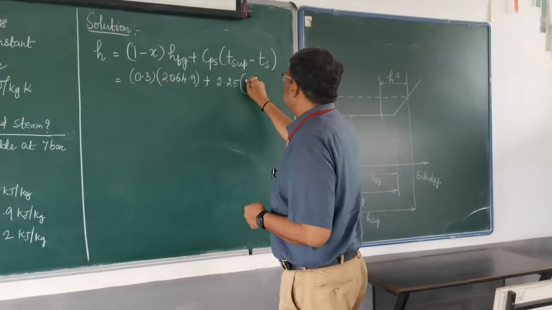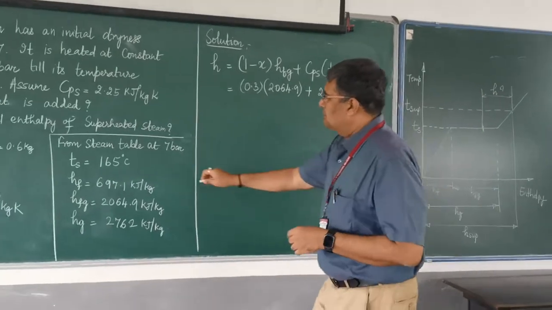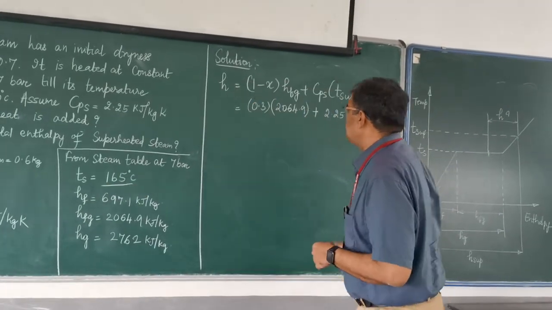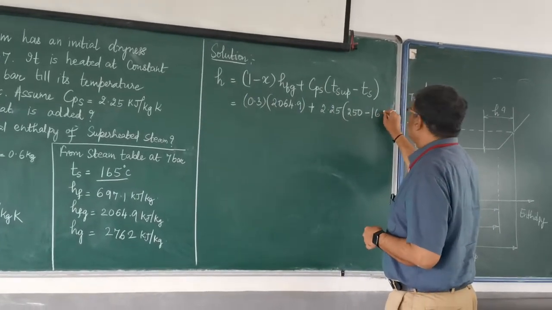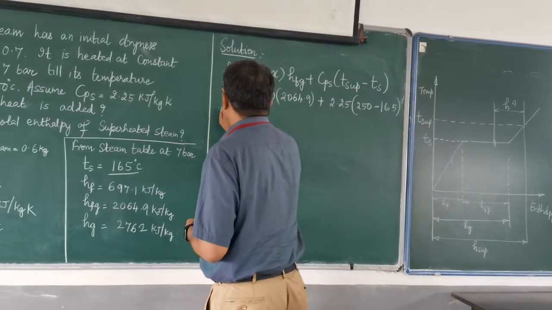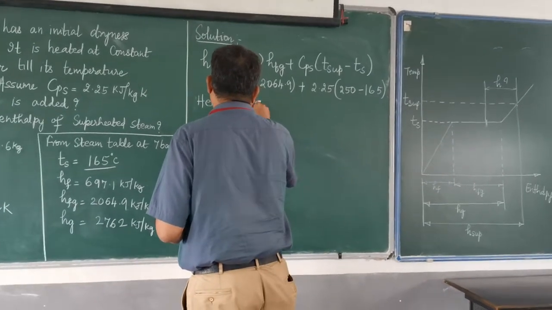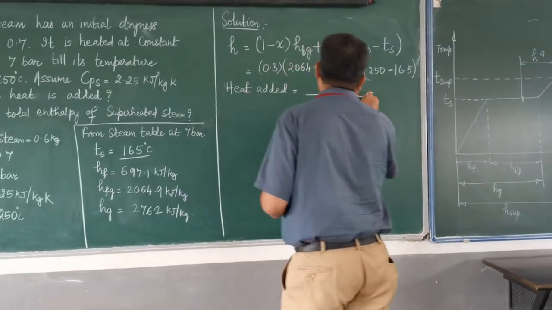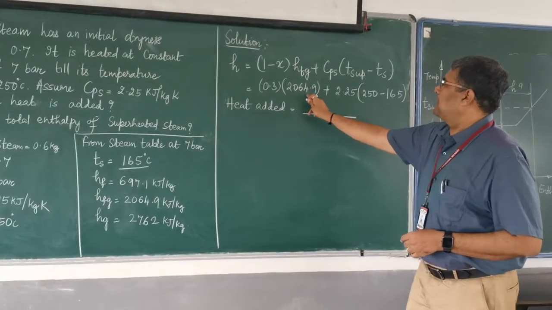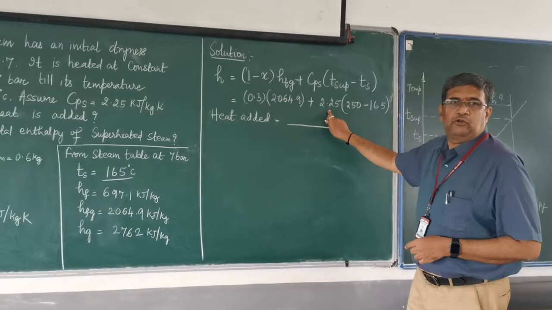So the superheated temperature is given as 250 minus the saturation temperature, we have found it from the steam table at 7 bar as 165. So for heat added, you multiply this by this and get the difference and multiply by 2.25.